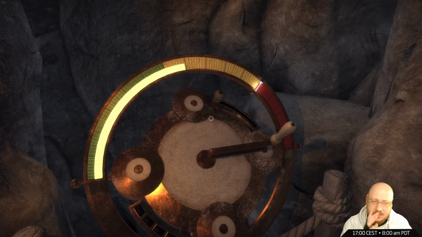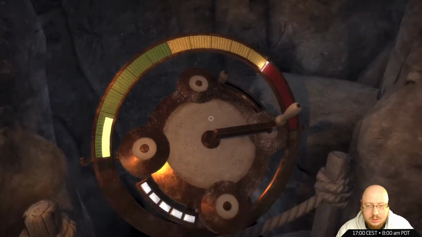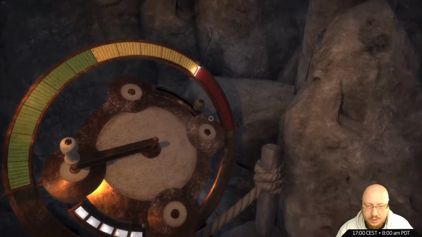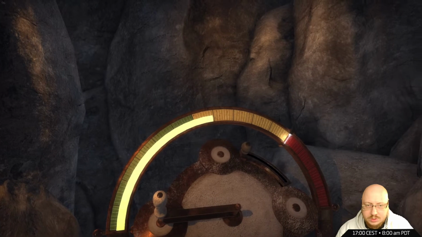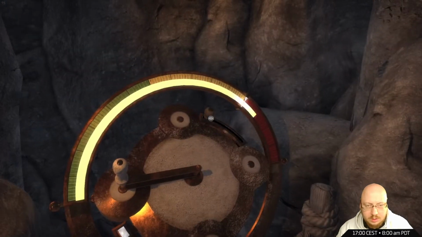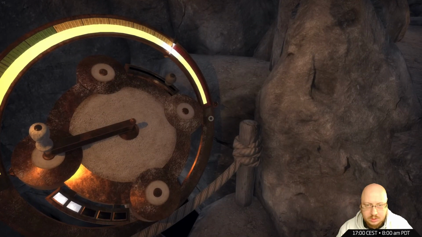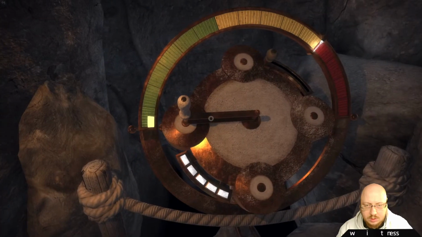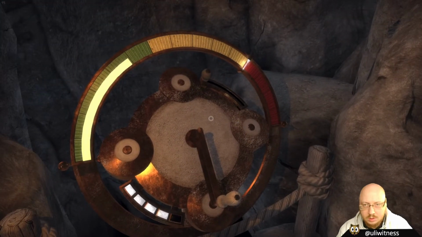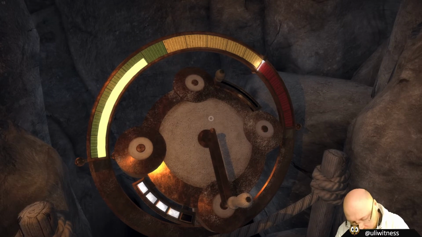There's no clear... Let's see. Let's try each one once. So the left one goes to here. So that's green +1. Let's make a note. G +1. Okay. And now this one is G -1.